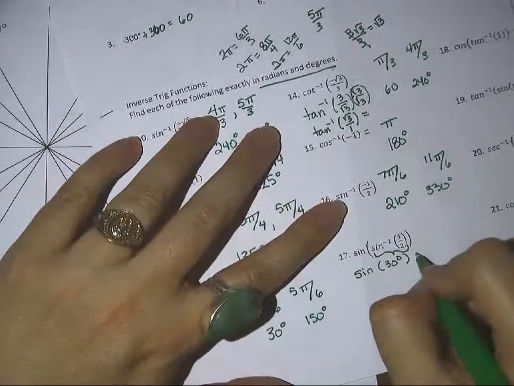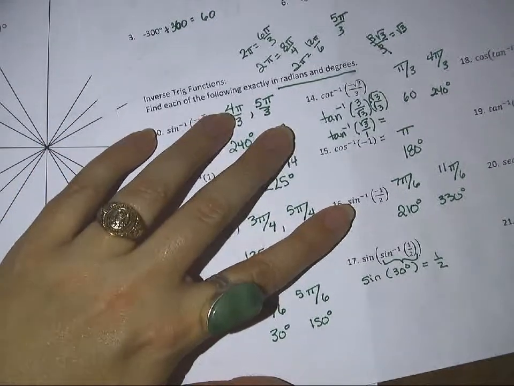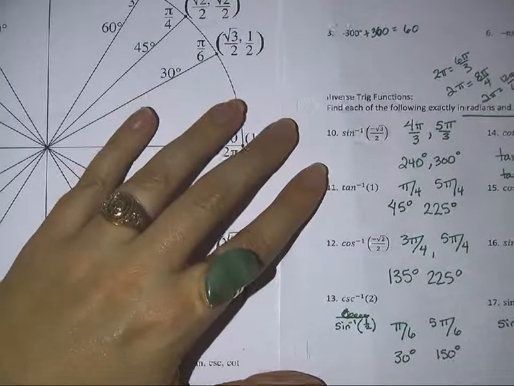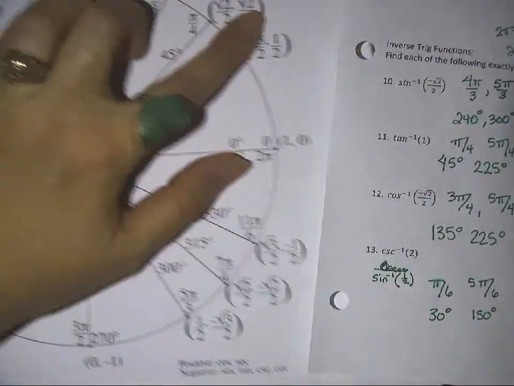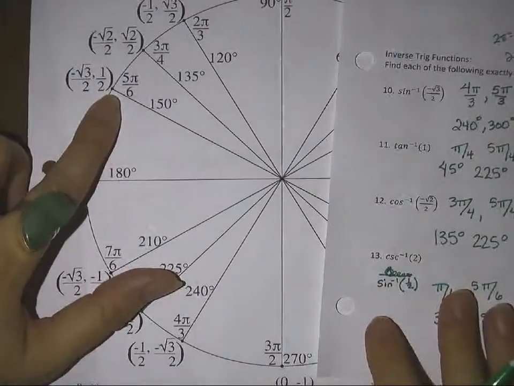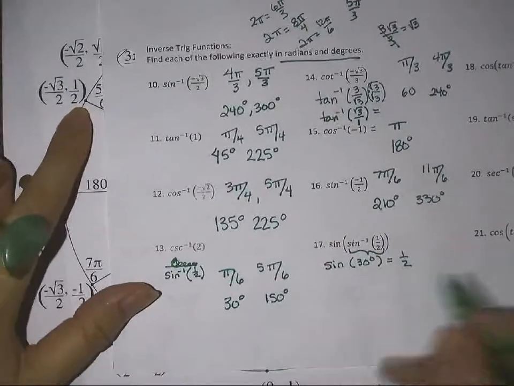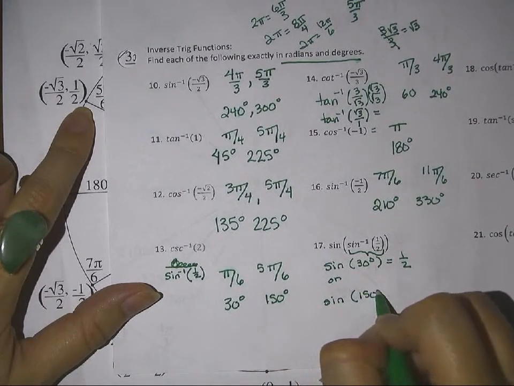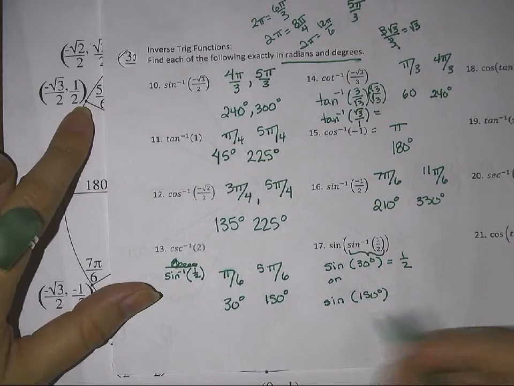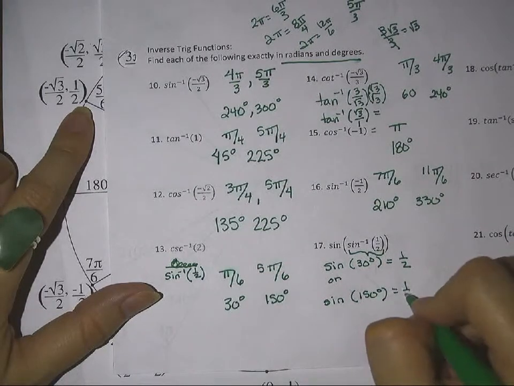Well, it's actually 1/2. But we know 30 degrees is not the only place that this happens. It also happens right here on this side at 150. So I could do the sine of 150 degrees, but wait, the sine of that is still 1/2.